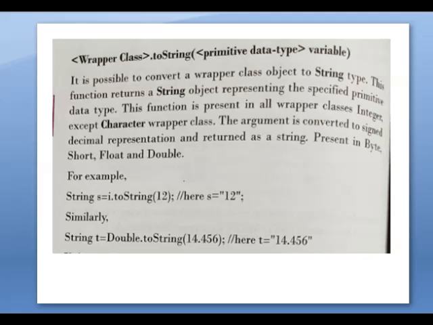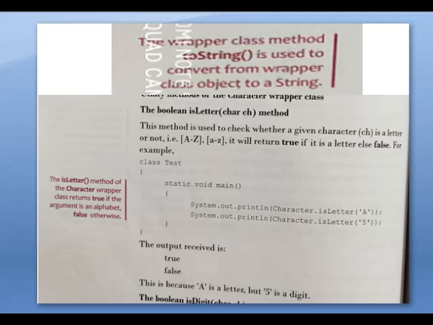So students, the next function is isLetter of. We are going to check whether the given value is a letter or not. Letter means capital A to Z and small a to z. This method is used to check whether the given character is a letter or not.